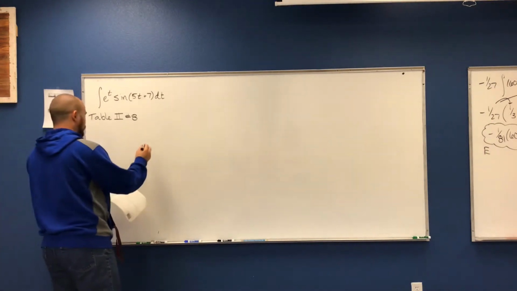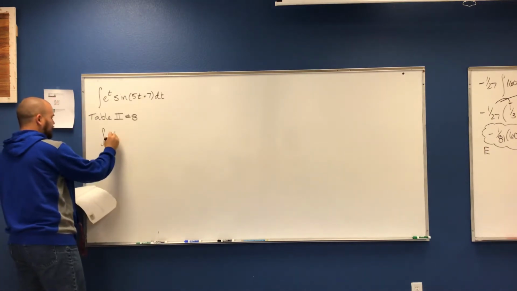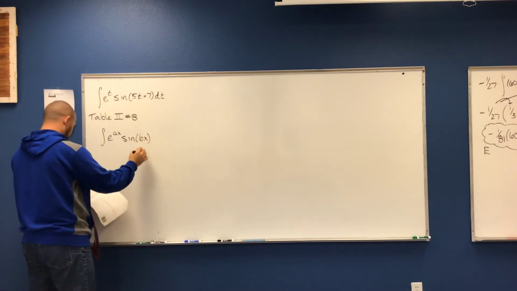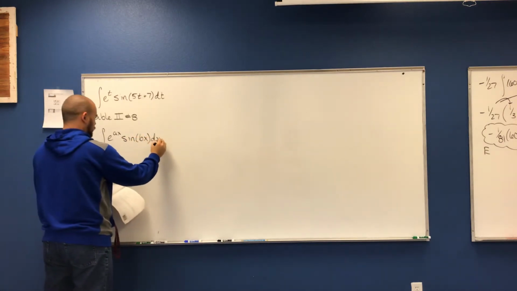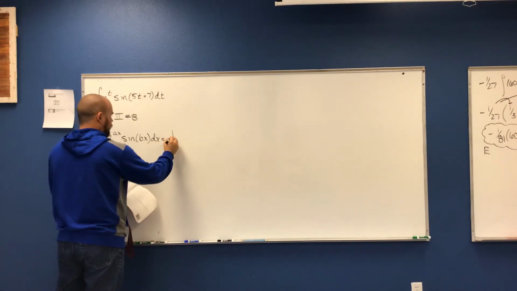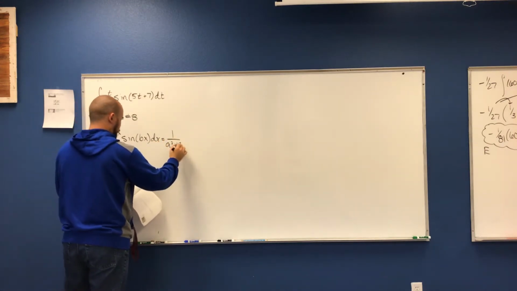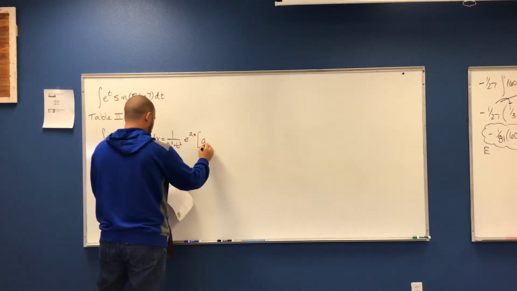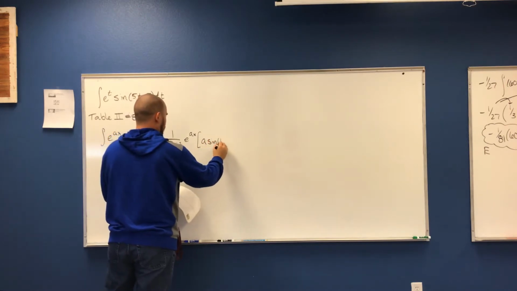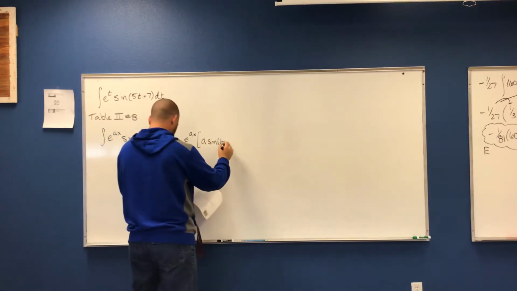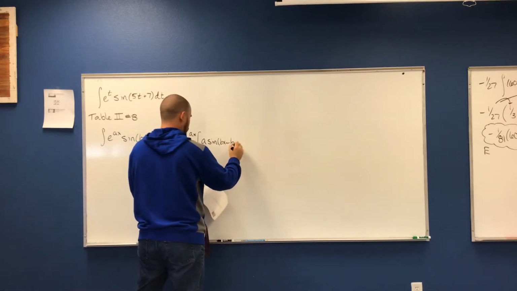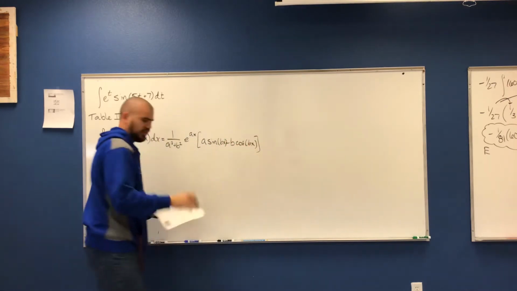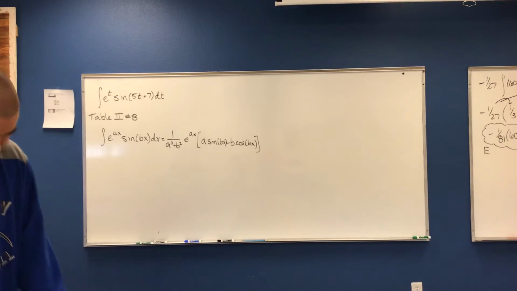Let's see, something like the integral of e to the ax times sine of bx dx should equal 1 over a squared plus b squared times e to the ax times (a sine of bx minus b cosine of bx). Oops, forgot parentheses. And plus c, yeah, we know. We'll get there, don't worry.